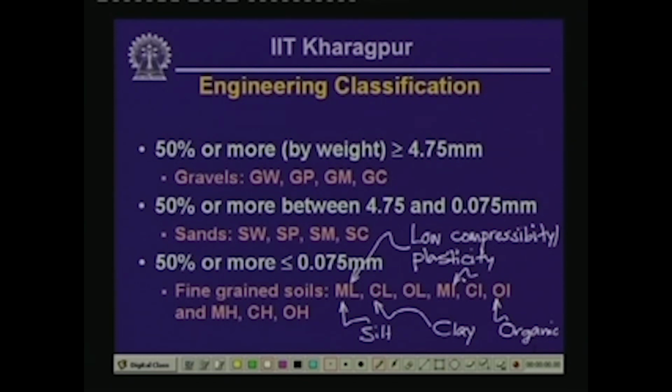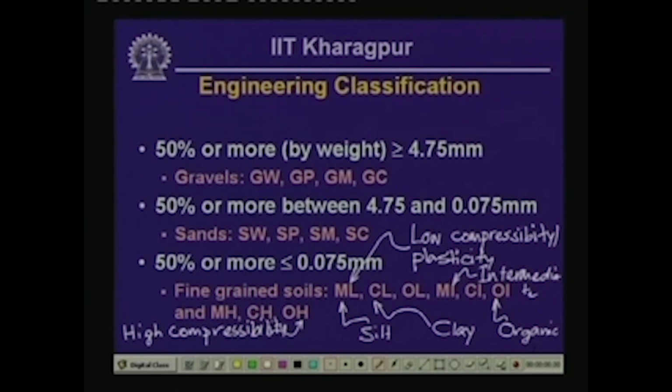I here is used to indicate intermediate compressibility or plasticity, and H finally is used to indicate high compressibility or high plasticity.